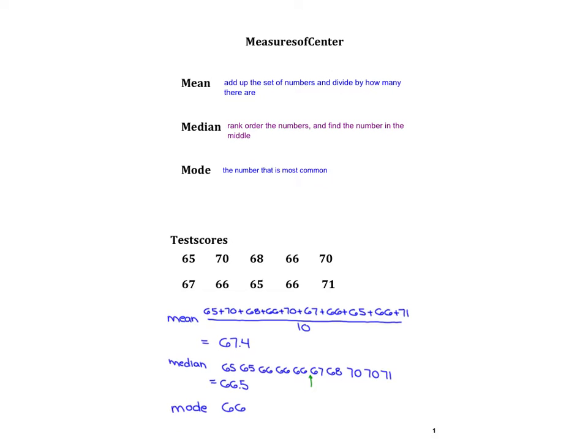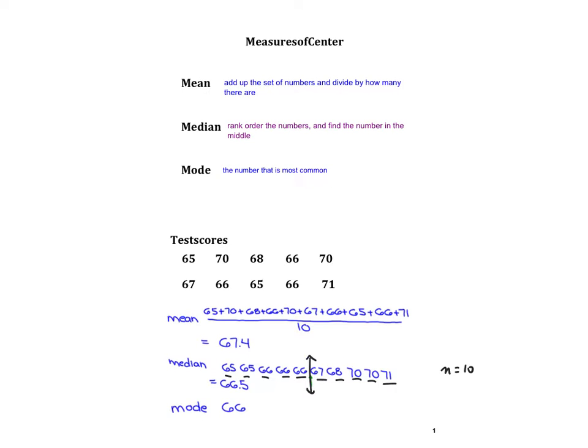Okay, the median. What we do with the median is order the numbers from least to greatest. So you see we have 2 65s, 3 66s, 67, 68, 70, and 71. In this case, we have an even number of tests, so n equals 10. We count up 1, 2, 3, 4, 5 from the left, and 1, 2, 3, 4, 5 from the right.